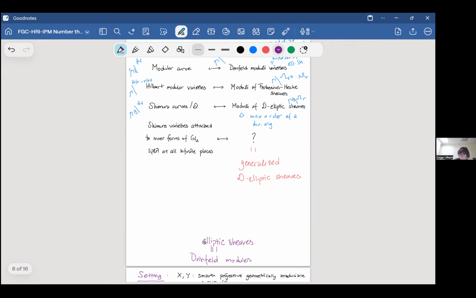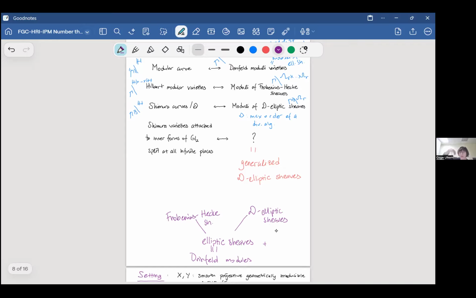Then you have two generalizations which are non-related: Frobenius-Hecke sheaves, defined by Stuhler, and D-elliptic sheaves, defined by Laumon, Rapoport, and Stuhler, where D-elliptic sheaves can be thought of as elliptic sheaves with the action on them.